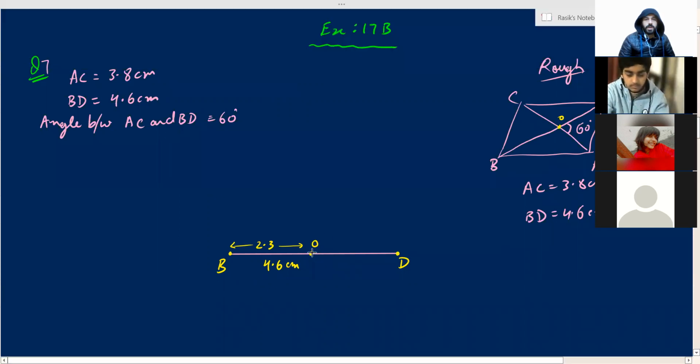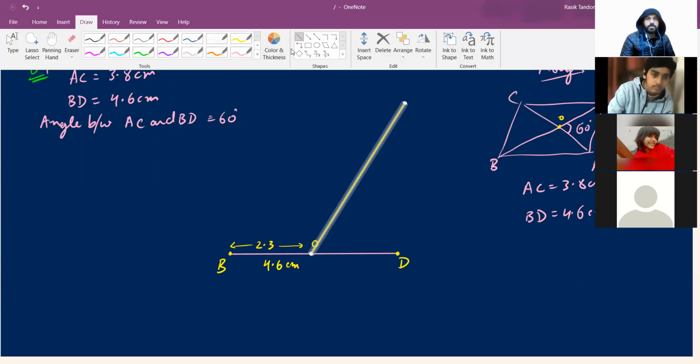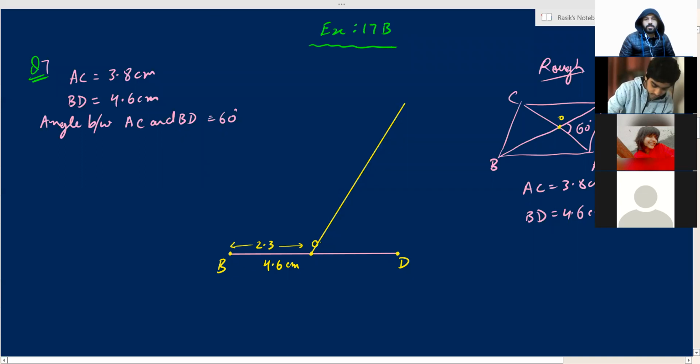So please construct it. I am doing it directly. Make a line segment like this, 60 degrees. So this angle is 60, all of you.